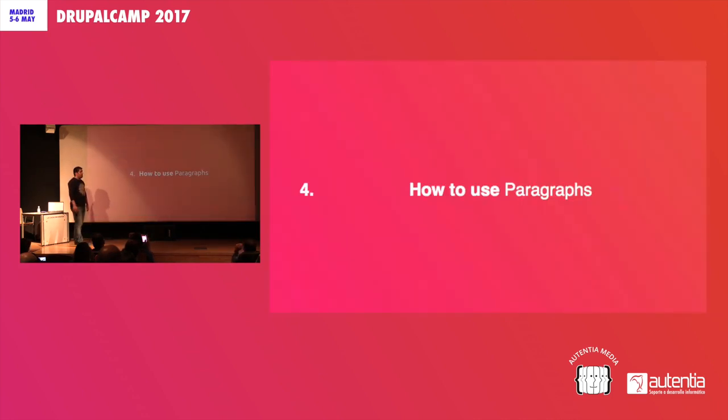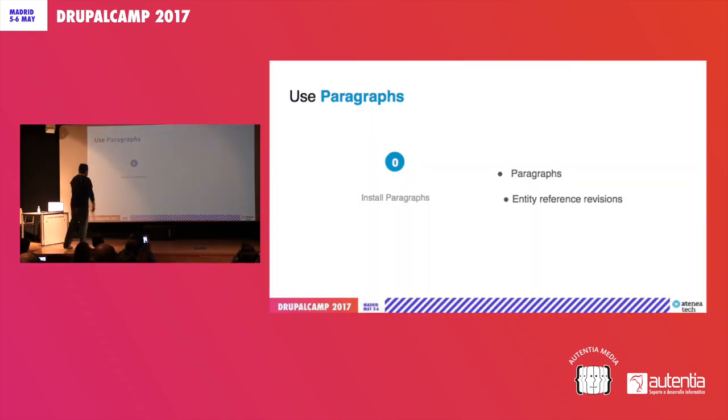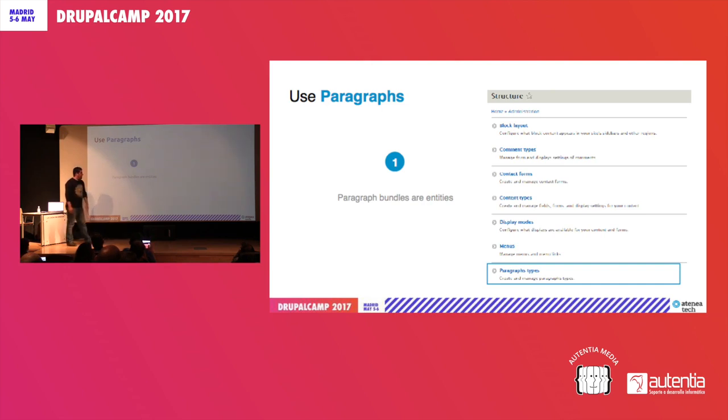So how to use paragraph? It's really, really, really easy. The first thing that you have to do is to install paragraph: 2 modules, paragraph and entity reference revisions. Then, once we have installed them, we create the paragraph bundles. As I told you before, they are entities.